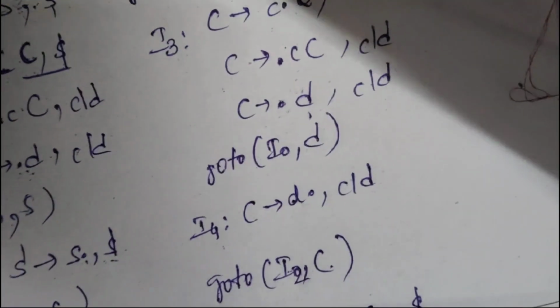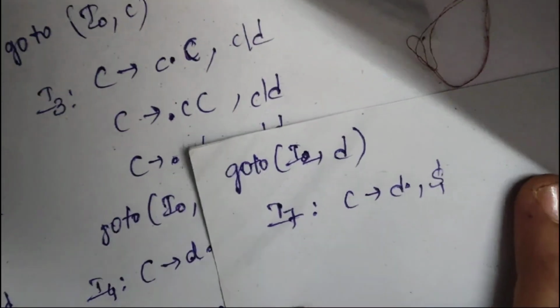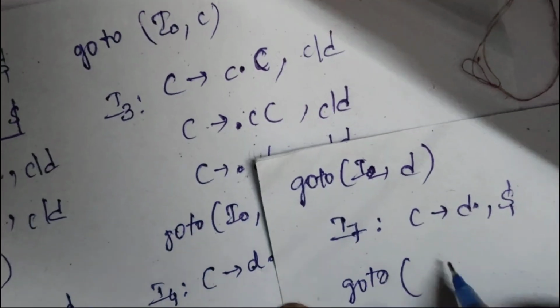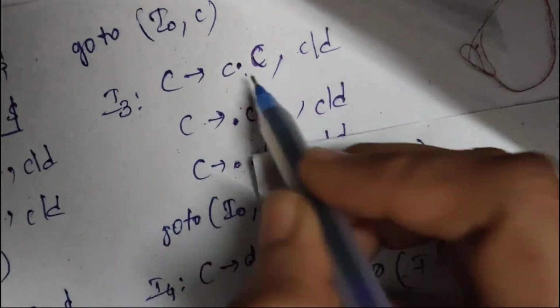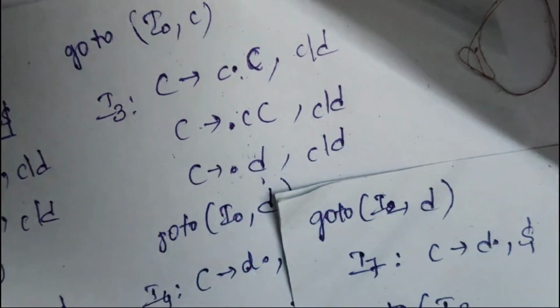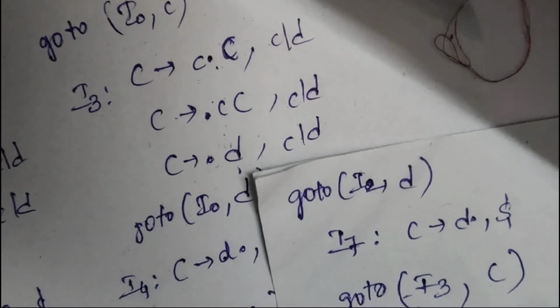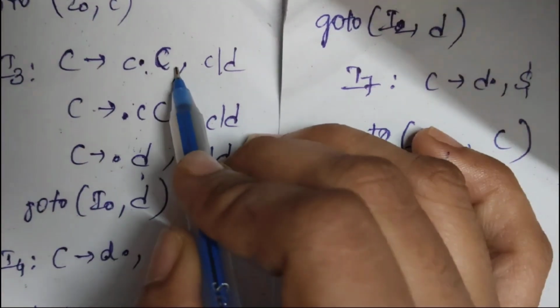Now we'll go to the I3 items and we'll shift all the dots here. So goto(I3, capital C). We'll go to every symbol and we'll just shift the dots. This dot will be shifted here.